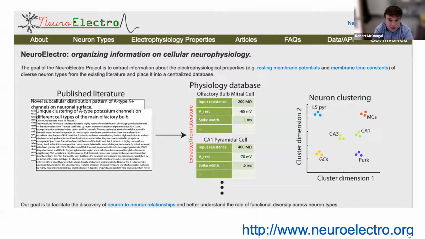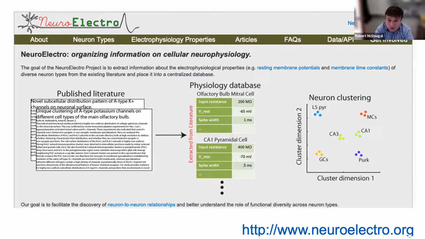Also want to give a shout out, and I guess this is back to electrophysiology, if you want to actually know data, NeuroElectro at neuroelectro.org is a great source for getting data and finding out, well, what should the resting membrane potential of a CA1 pyramidal cell be?